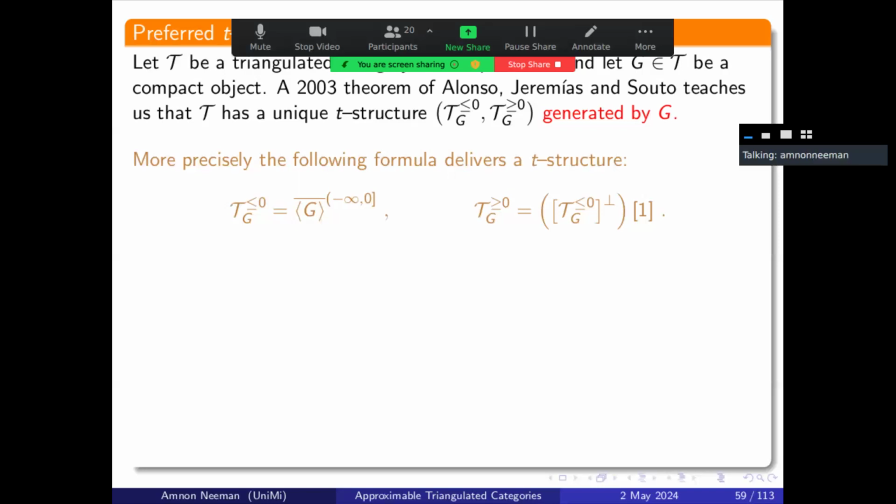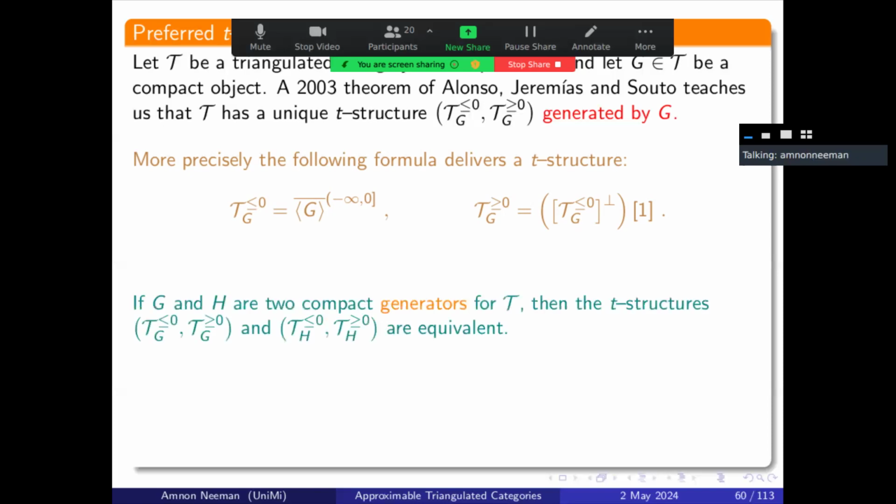And you declare this to be Tg less than or equal to 0, and it turns out that it is a T structure. And the Tg greater than or equal to 0 is what it has to be. There's a formula.